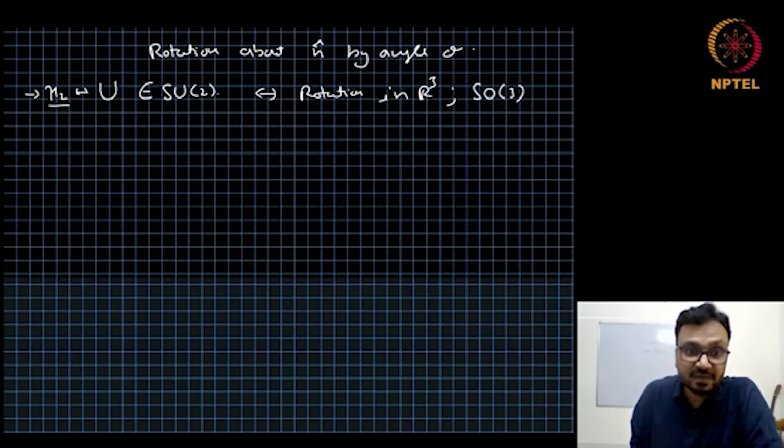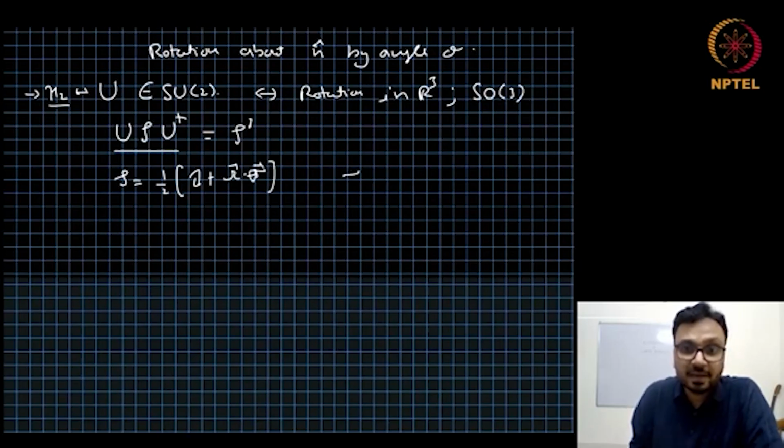If we are given a unitary U, we can apply it on rho, U rho U dagger. This is the transformation on the density matrix, and we get another density matrix rho prime. Rho can be written as half identity plus R dot sigma, and rho prime can be written as half identity plus S dot sigma.